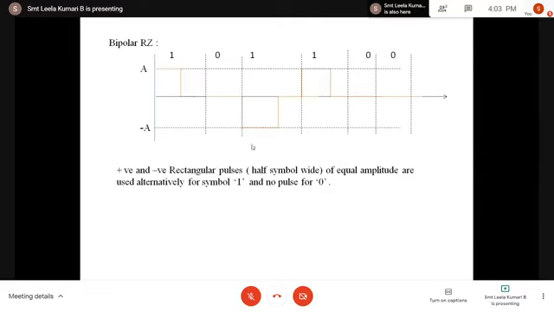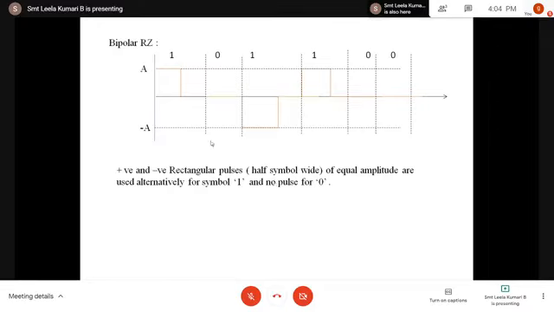In bipolar non-return to 0, the ones are represented alternatively by positive and negative pulses of full symbol wide, but here it is half symbol wide. The next one is represented by a positive pulse of half symbol wide, and if the next one comes, a negative pulse of half symbol wide. So this is the bipolar return to 0 format.